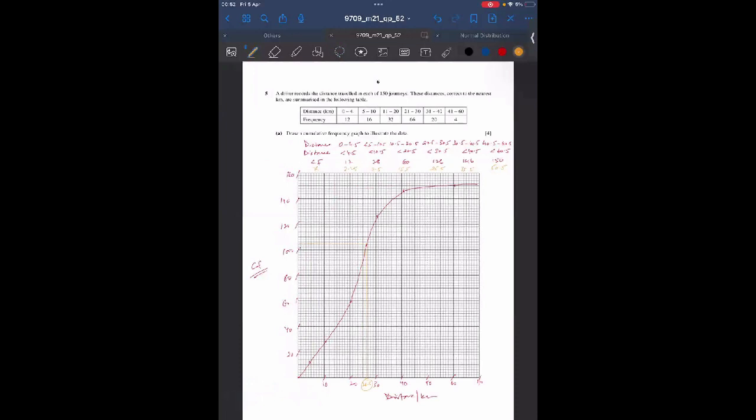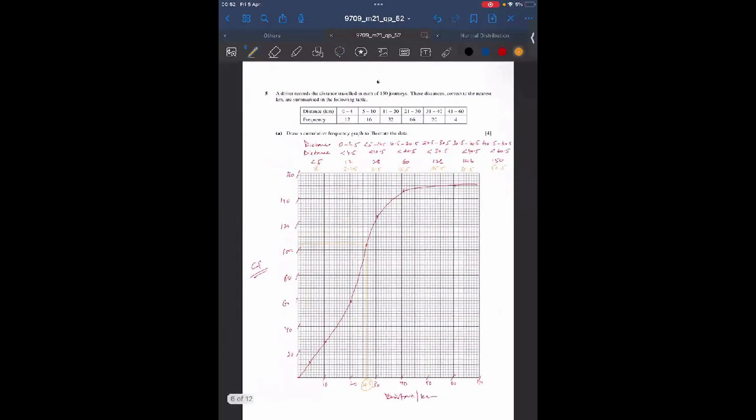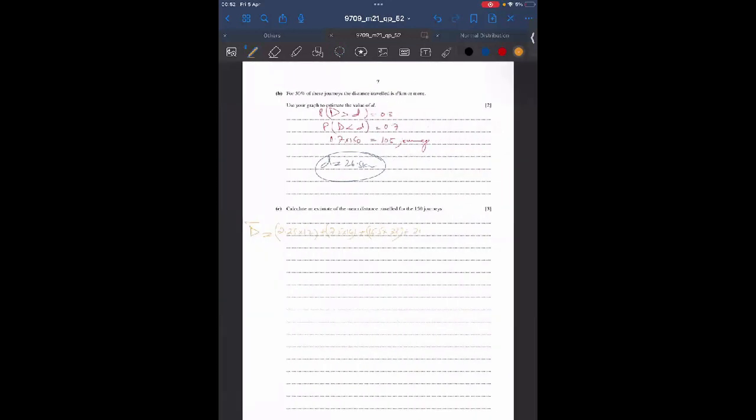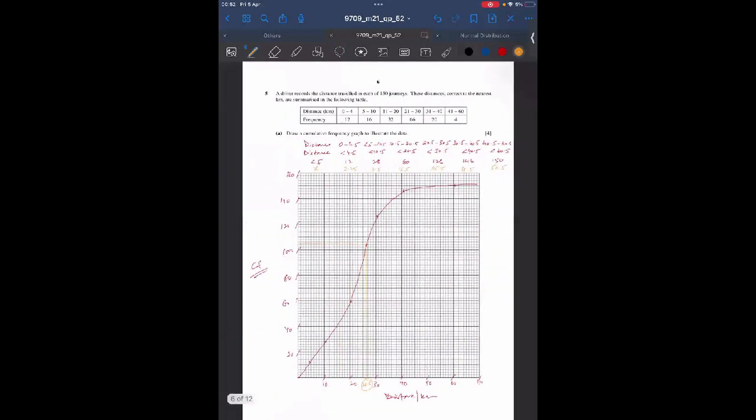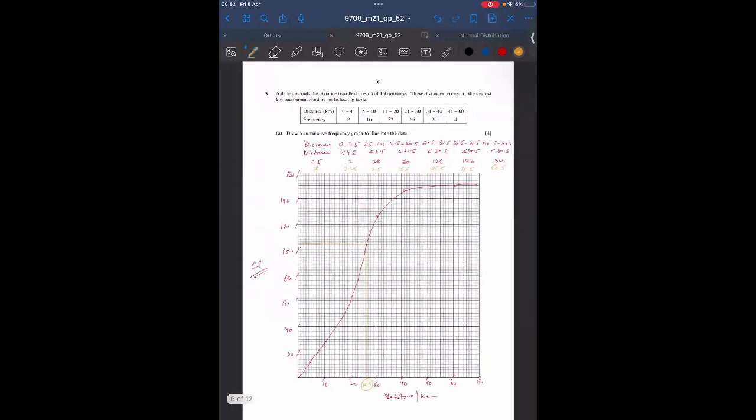Iman, that is 32. Then we have 25.5 times 66. And then we have 35.5 times 20. And then at the end we have 50.5 times 4.